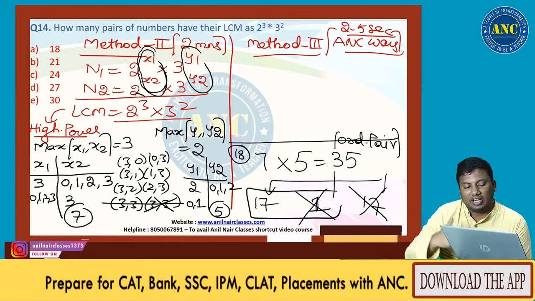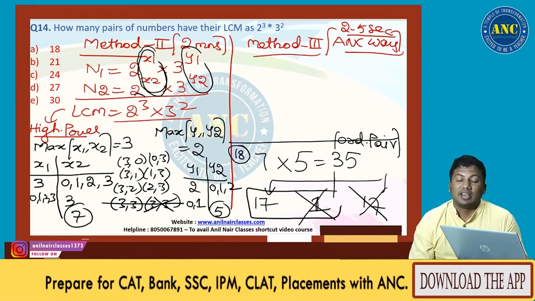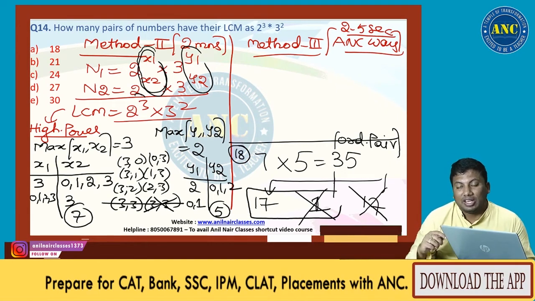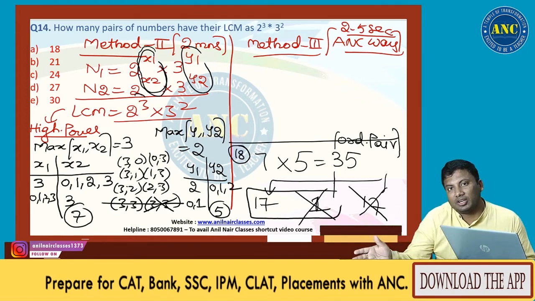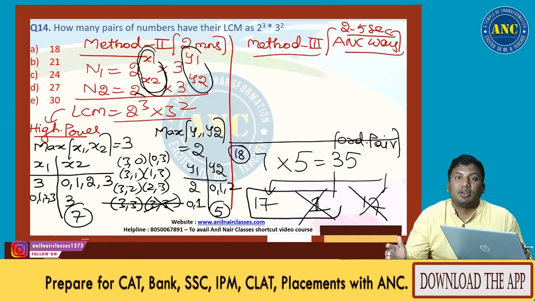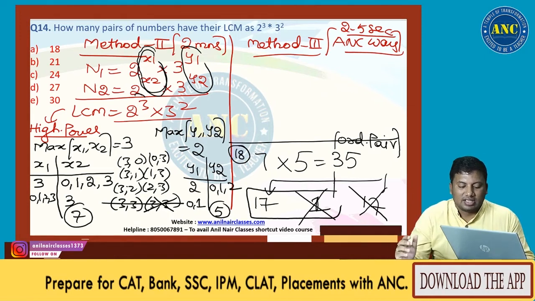If x2 is 3, x1 will be 0, 1, 2. 3,3 should not be duplicated. 7 cases, 5 cases. The biggest problem is if there are 3 prime bases: x1, x2, y1, y2, z1, z2. If there are 4 prime bases, and so on, as the number of prime bases increases, this process becomes extremely difficult. 7 into 5.